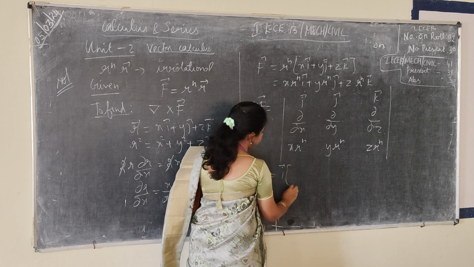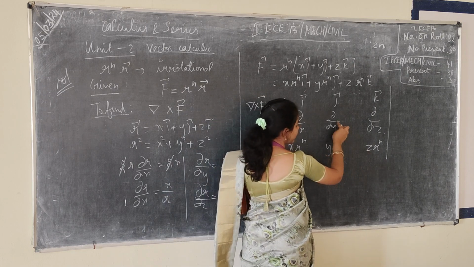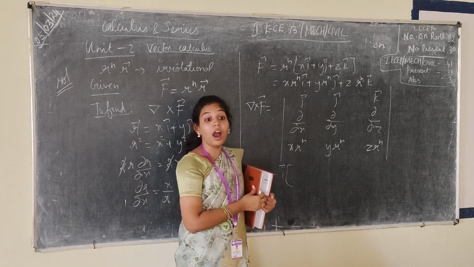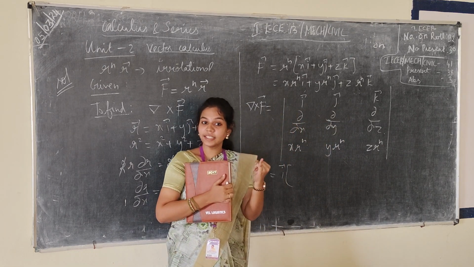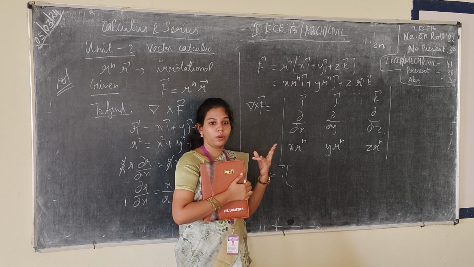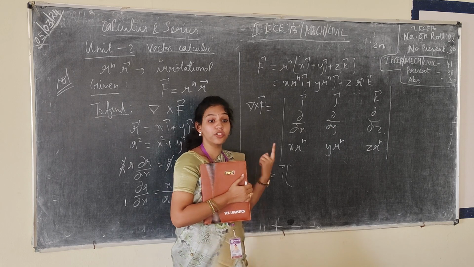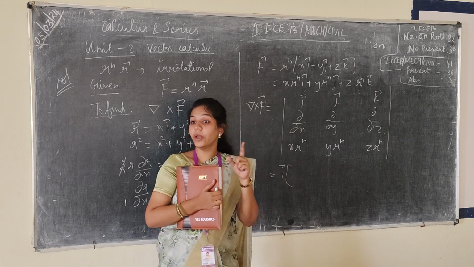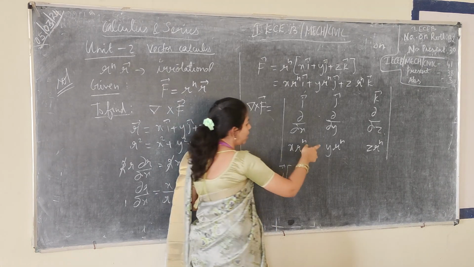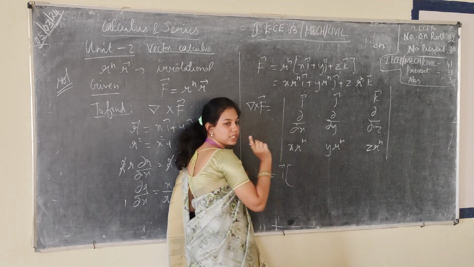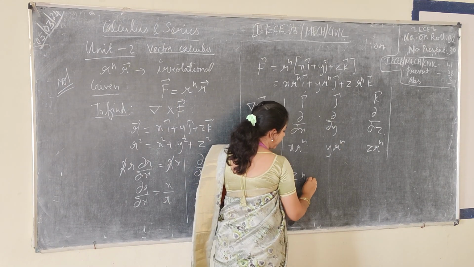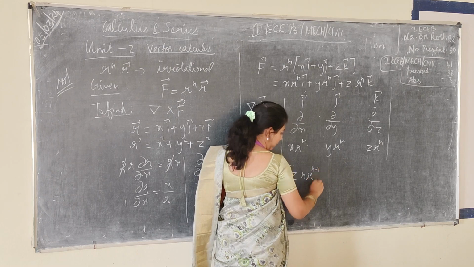I vector into, differentiate this with respect to y. R vector is of the form x, y, z, so you should differentiate that. Differentiating with respect to y, z acts as a constant. So z into r power n differentiating, you get n into r power n minus 1.